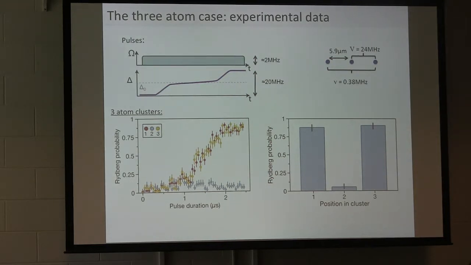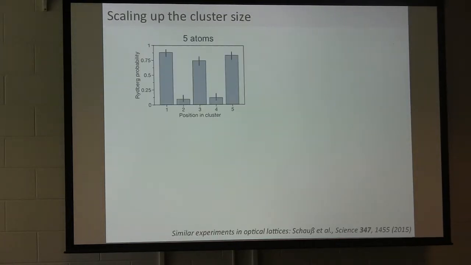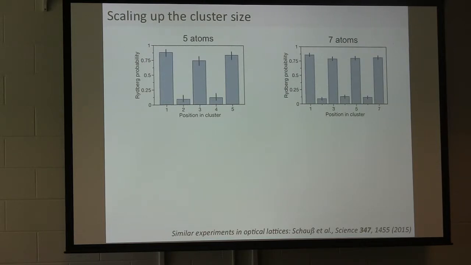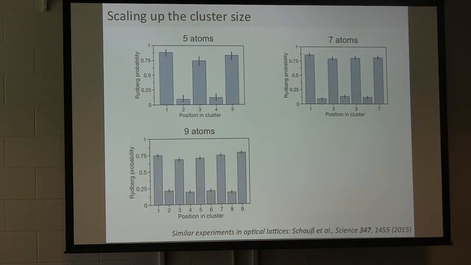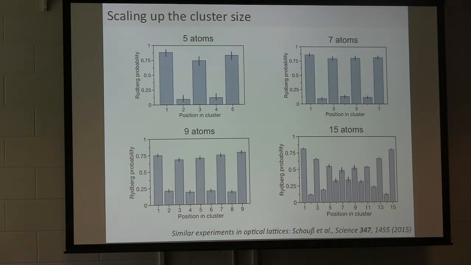And now, as before, I can scale up the cluster size, and this is what we can prepare in the 5 atoms case. This is for 7 atoms, 9 atoms, and 15 atoms, where we see that some form of limitations start to show up in this histogram.